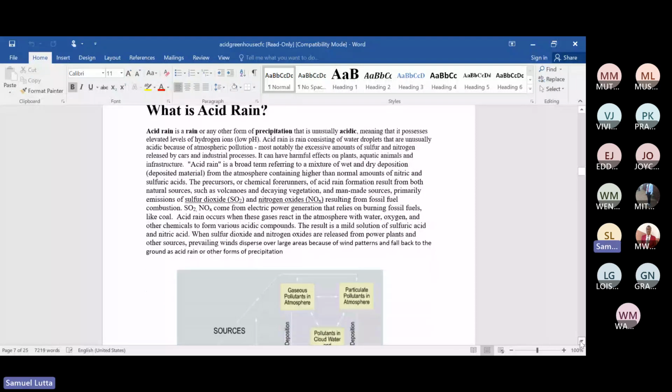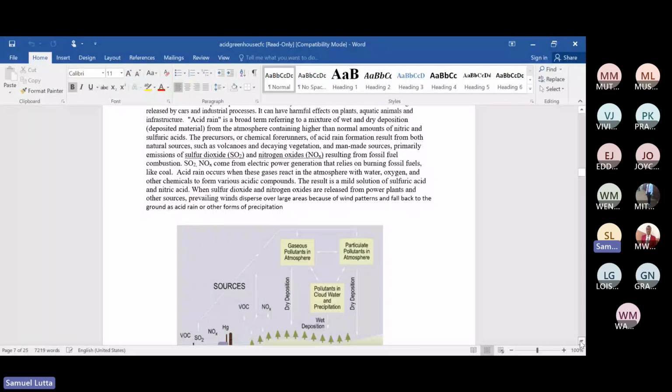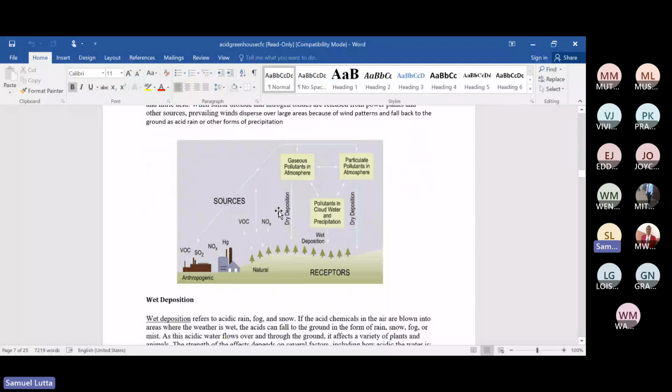So we have a schematic diagram here, which shows what happens. So from the volcanic activity, natural activities, where you have industries and so on and so forth, you can generate sulfur dioxide, you can generate nitrogen dioxide, and this can go into the atmosphere. And when they go into the atmosphere, the gases, they go there as dry deposition.